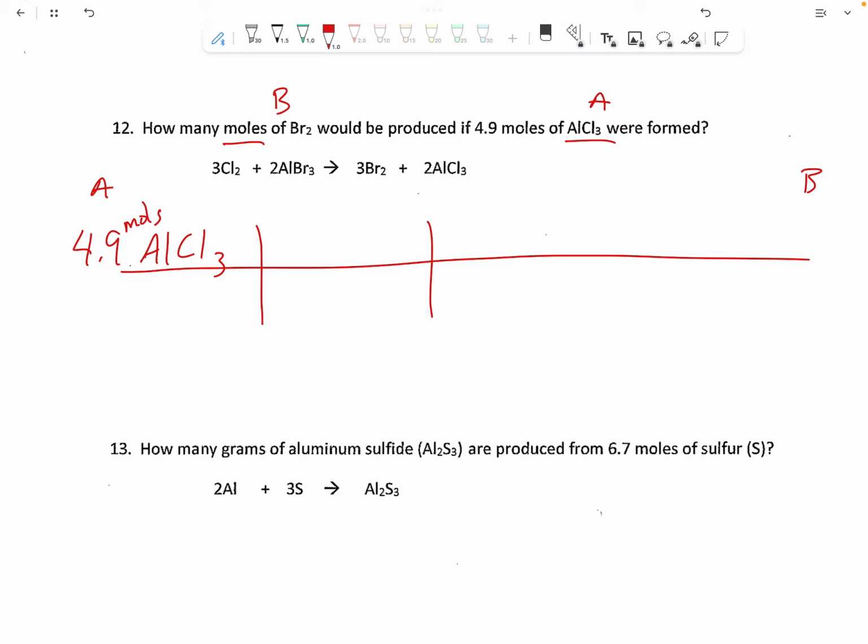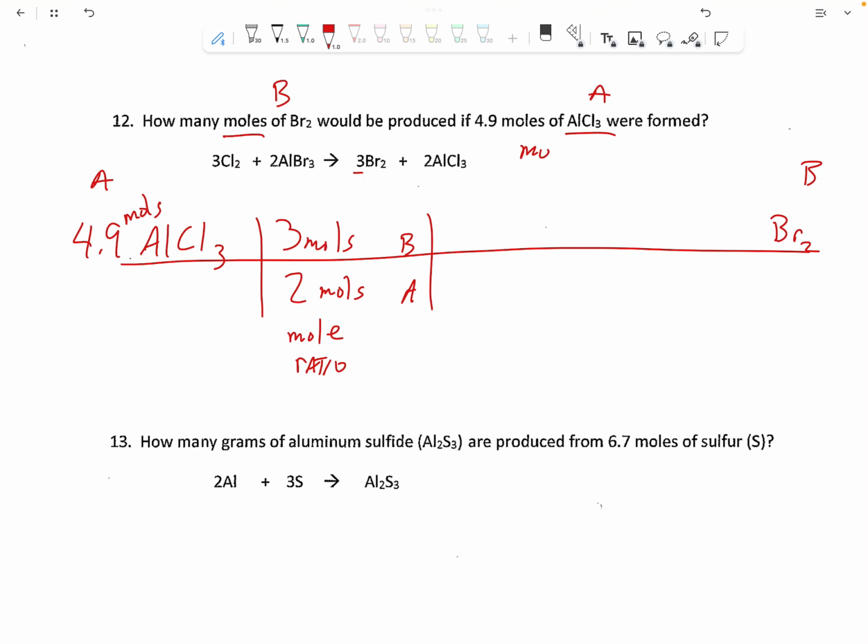And your B is bromine. You look at it, the coefficient for bromine is the 3. So the mole ratio says moles of B over moles of A. That would be 3 moles of Br2 over 2 moles of AlCl3. And you simply multiply the two numbers on the top and divide by the 2 on the bottom.